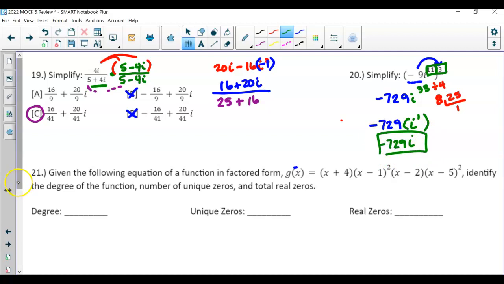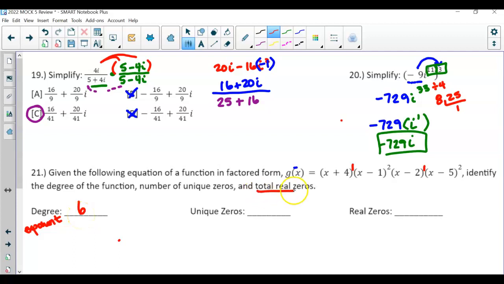Then 21, this is a review on understanding the vocabulary here with degree, unique zeros, and real zeros. So here, degree, remember, is just another word for the exponent, where we add up all the exponents. Remember, this has an exponent of 1, 2, 1 plus 2, which makes a degree of 6.